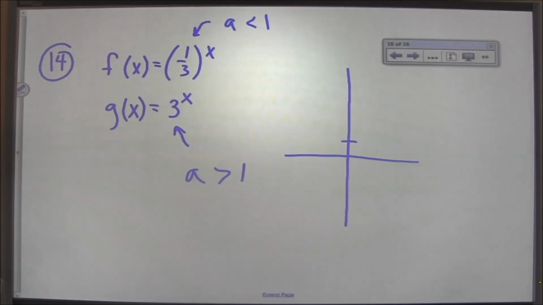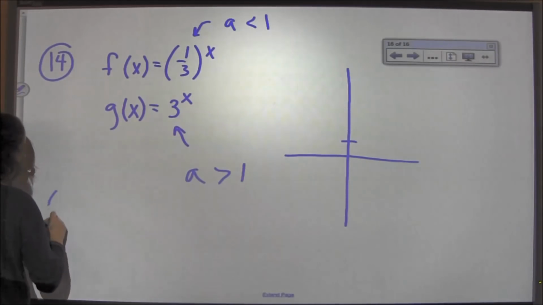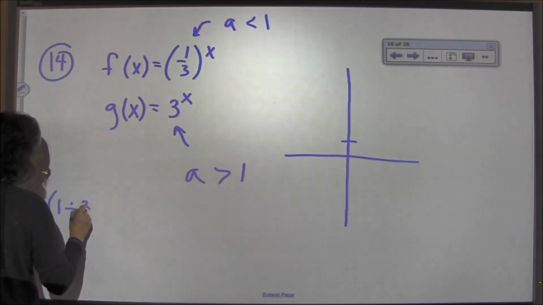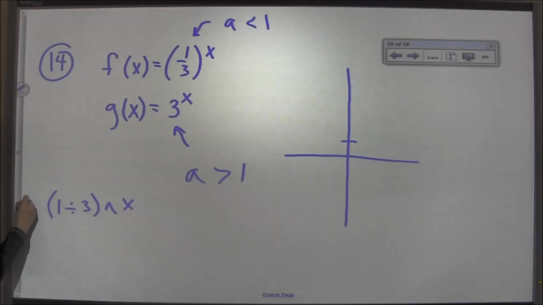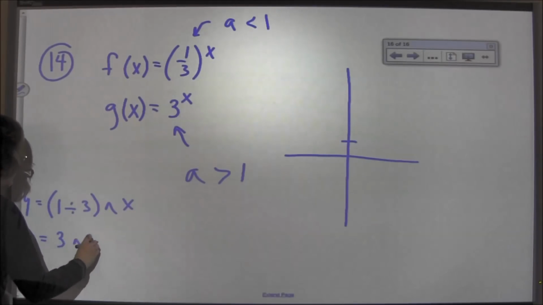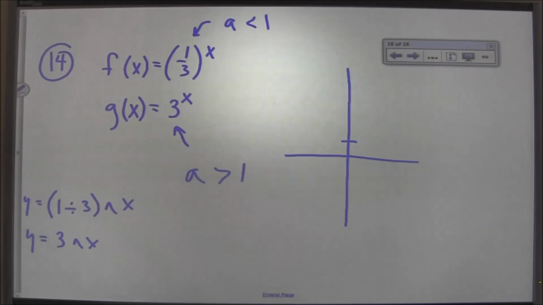It asks you to do some points. So you could do 1 divided by 3 power x, and then look for some integer points in the table to graph. And of course, 3 power x is the other one.